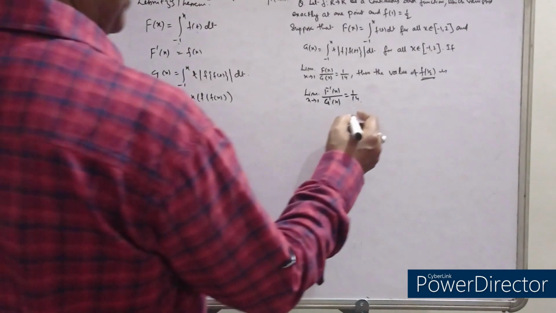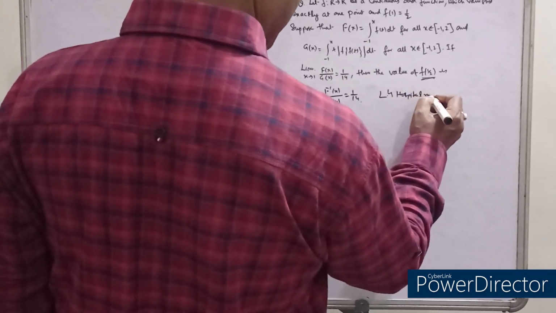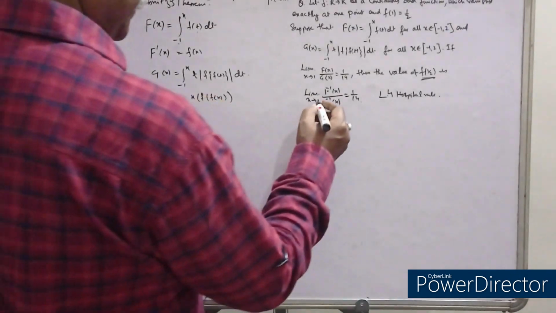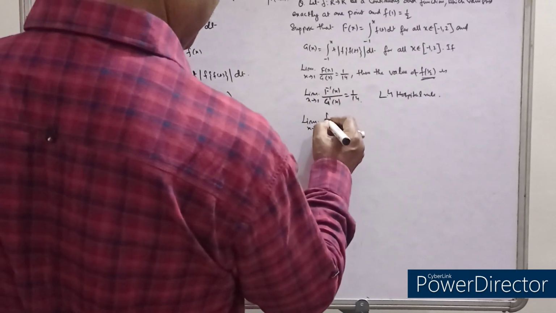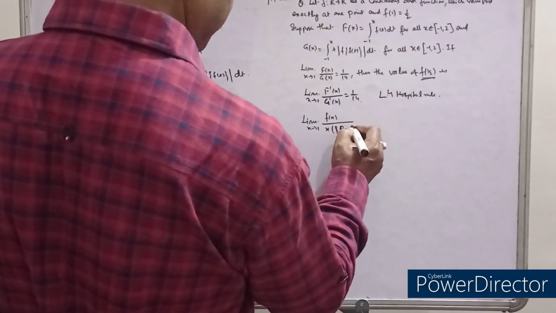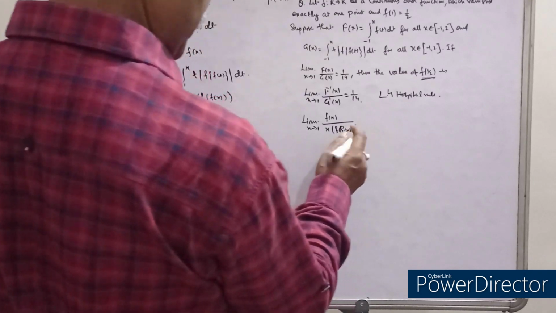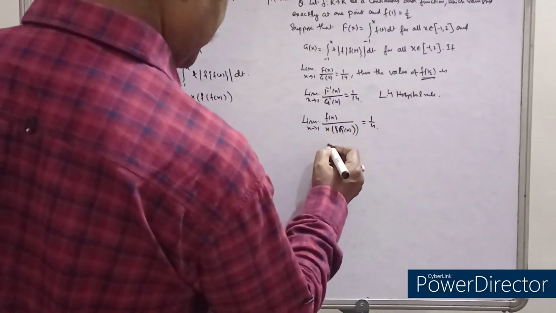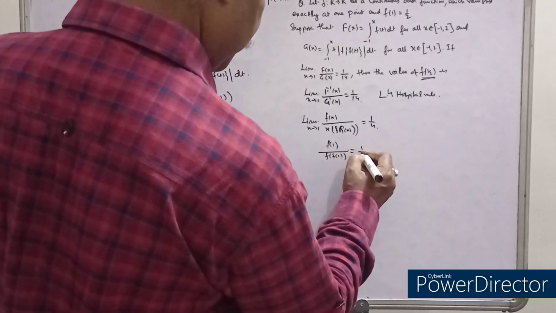Now placing the value of the limit as x tends to 1, F dash x is f(x), and G dash x is x f(f(x)), so this will be equal to 1 by 14.